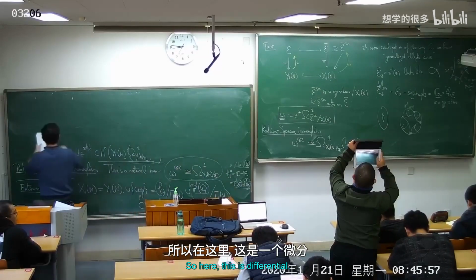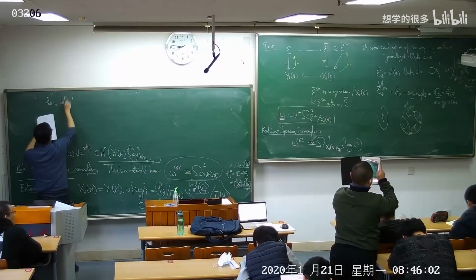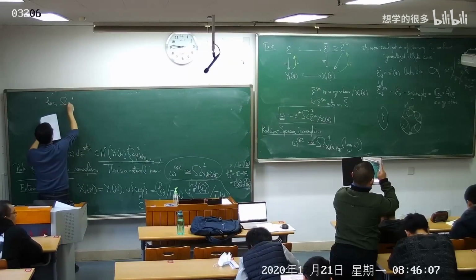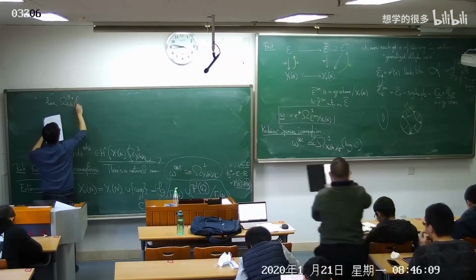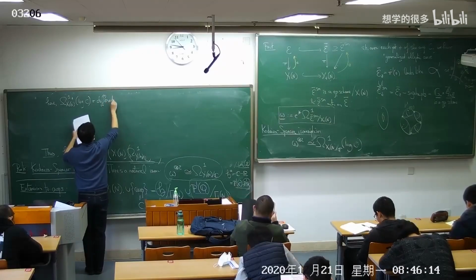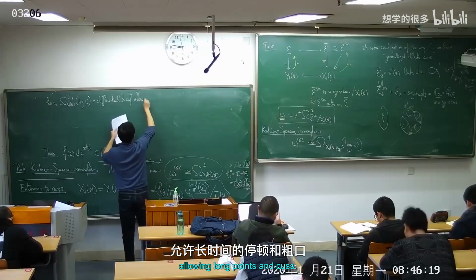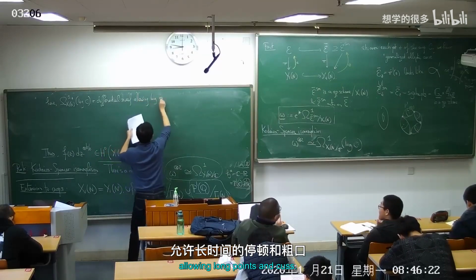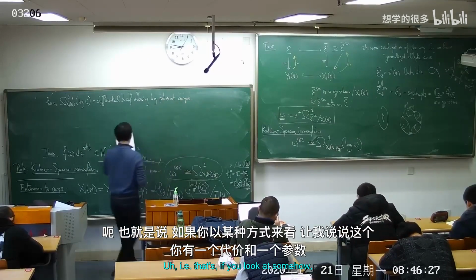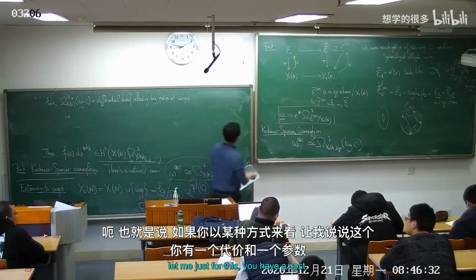So here, this differential, this omega, is a differential sheaf allowing log pole activity. That is, if you look at, let me just draw a picture.